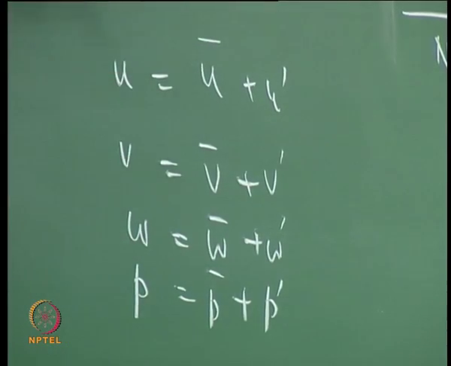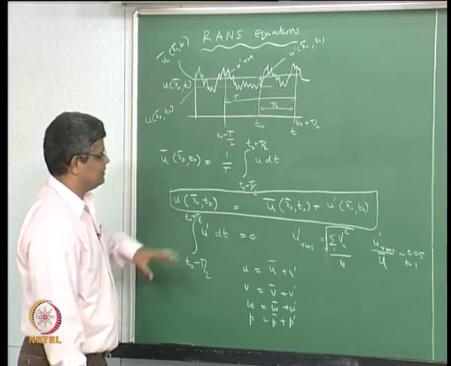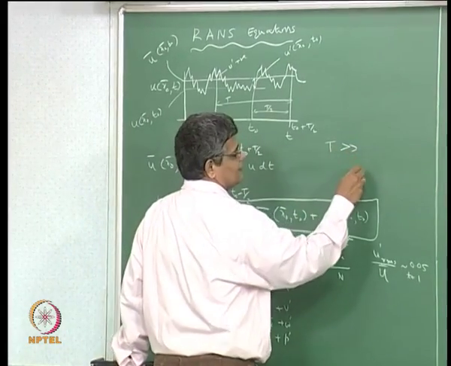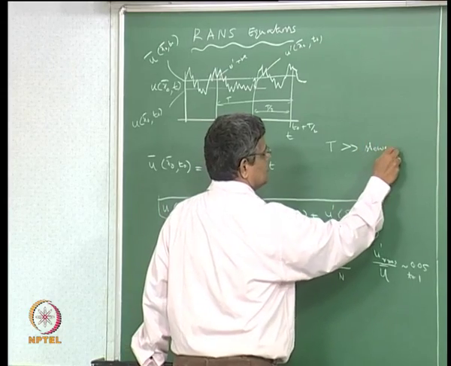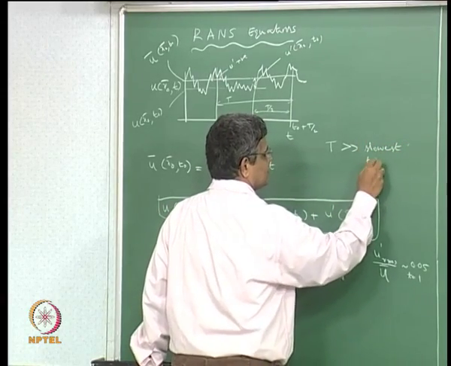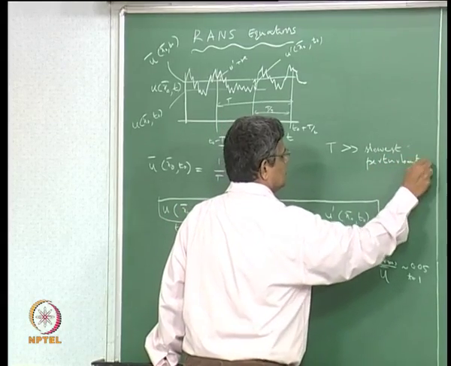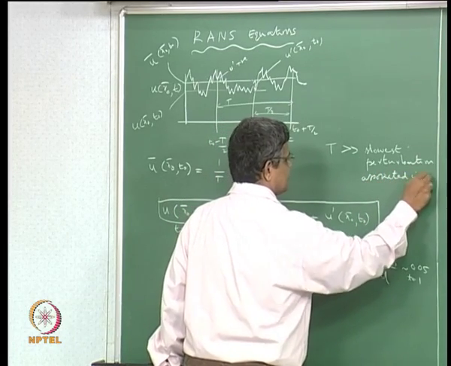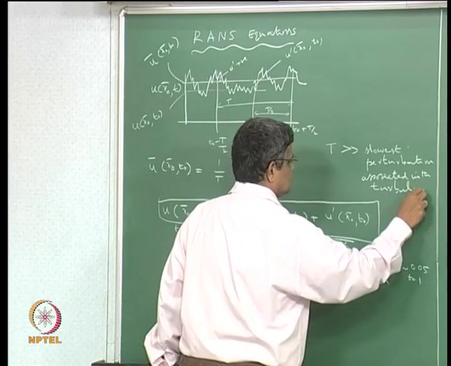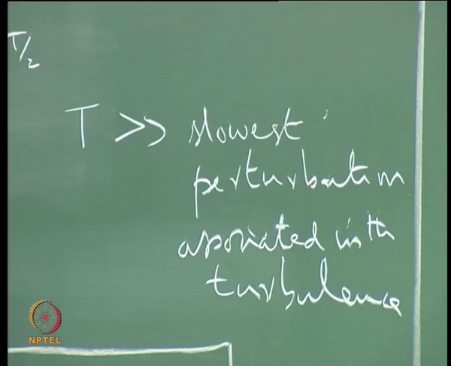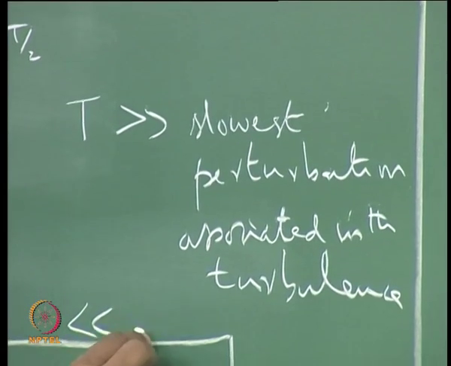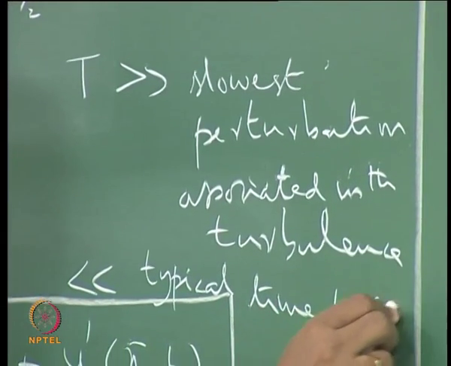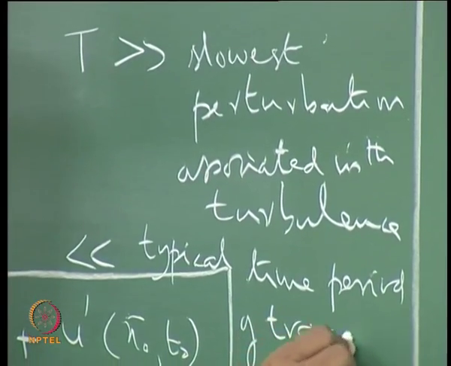And in each case the quantity is integrated over a particular time period, and the capital time period is much greater than the slowest perturbation associated with turbulent flow, and it's much less than the typical time scale, time period of transient phenomena of interest.